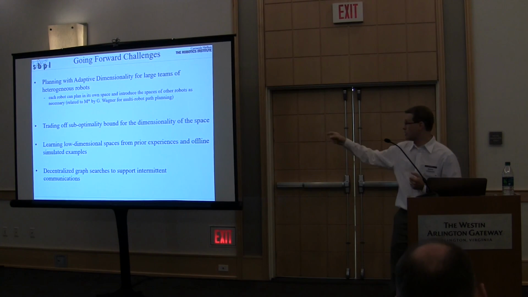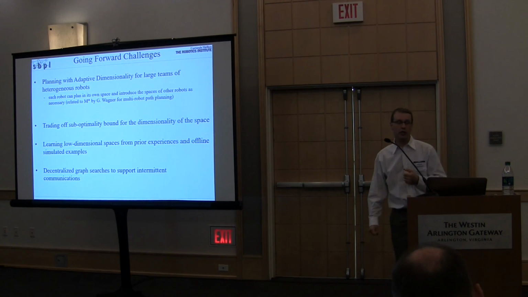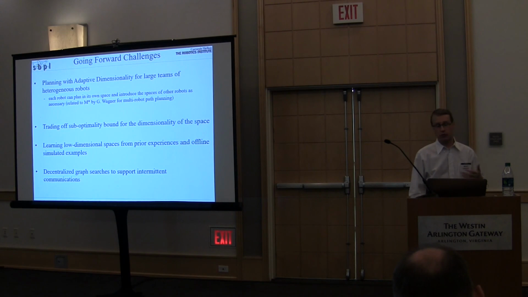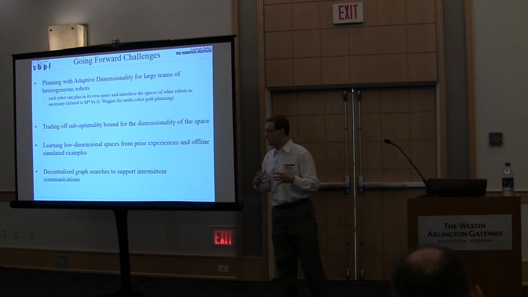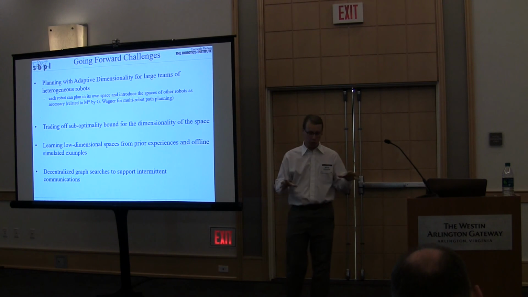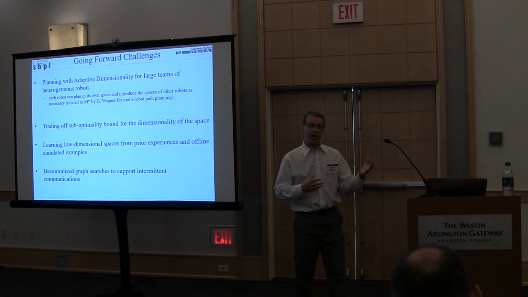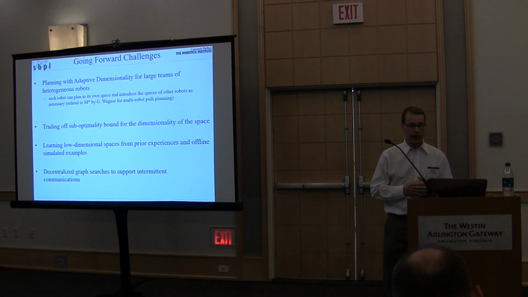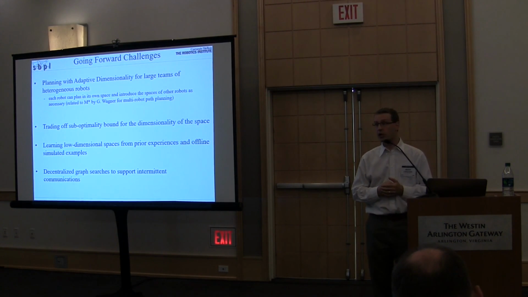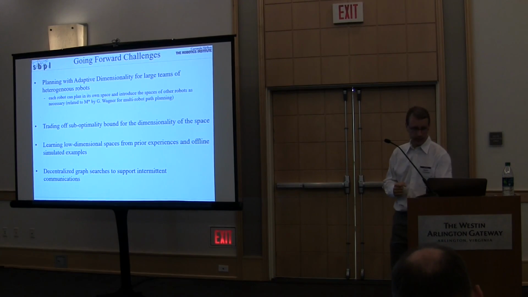Then the other interesting question is learning low-dimensional spaces from prior experience and doing offline planning. And one thing that I have not talked about is that the whole idea of centralized graph searches, decomposed into a bunch of graph searches, lends itself pretty well to doing it in the context of intermittent communications.